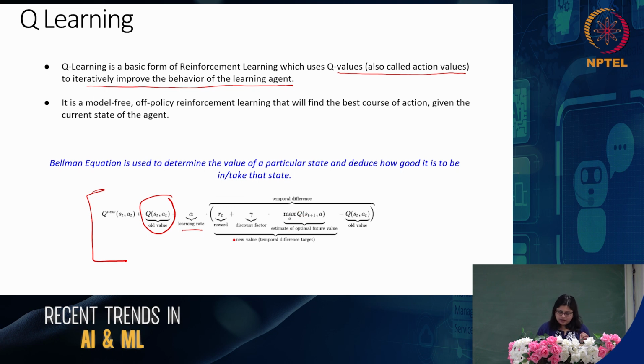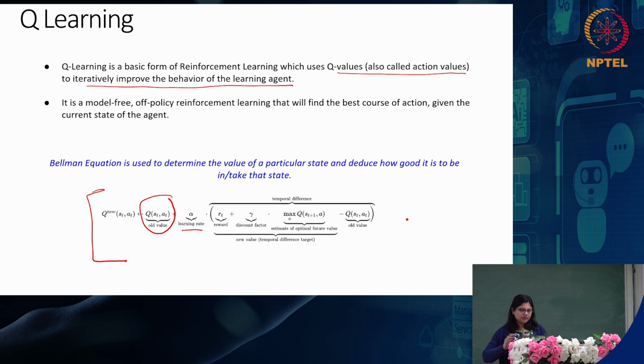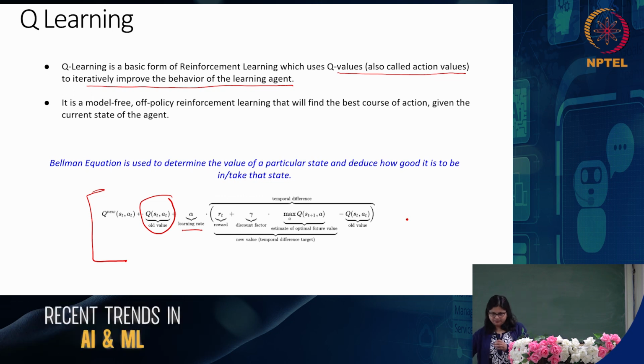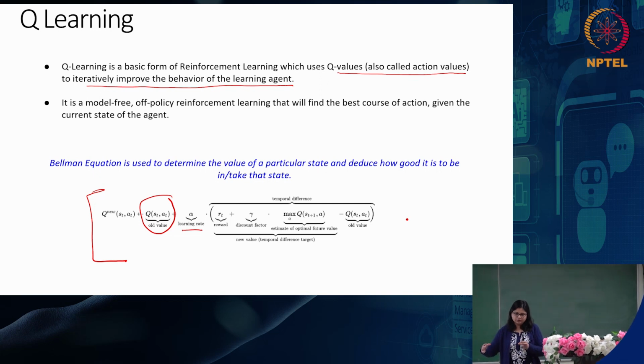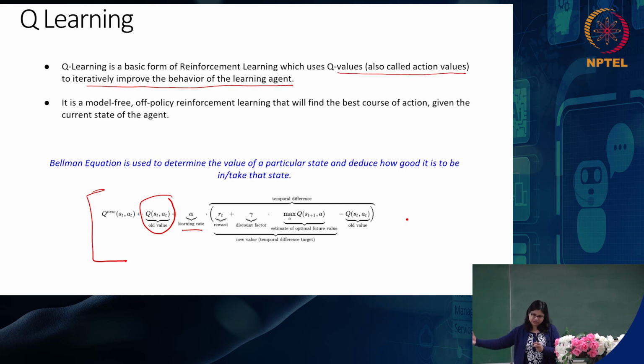So this is the new value, and this is the old value. This is called the temporal difference. You are proceeding one step further in a timestamp, going to a new state. So you now know the immediate reward also. You are adding the immediate reward and the Q value of the next state.